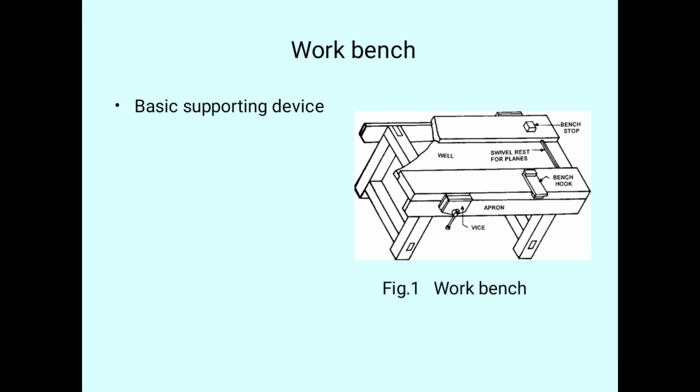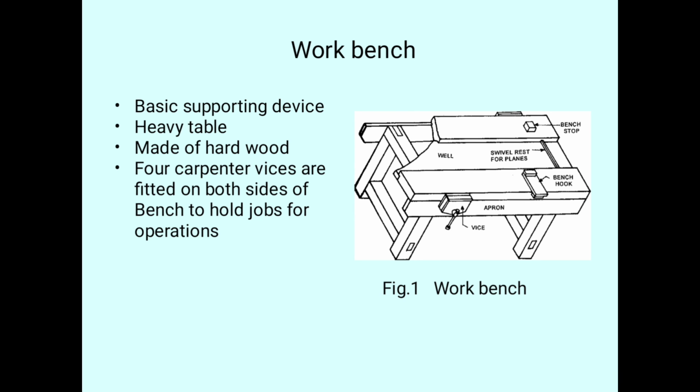Next we can see here, this will be a basic supporting device. This is a heavy table, made of hardwood. Four carpentry vices are fitted on both sides of the bench, and two hold the jobs for operations.